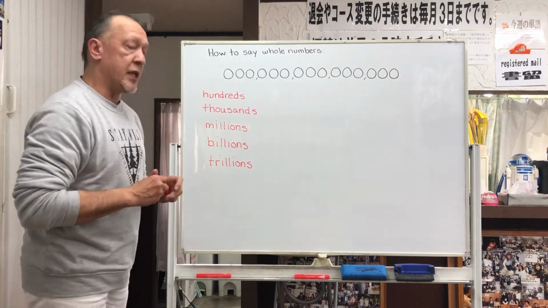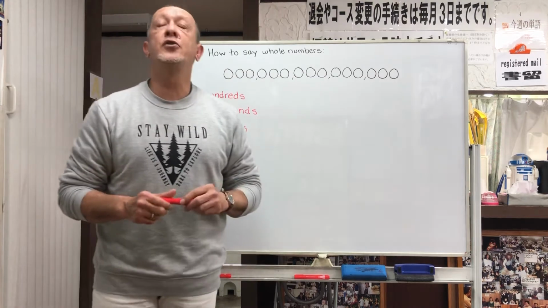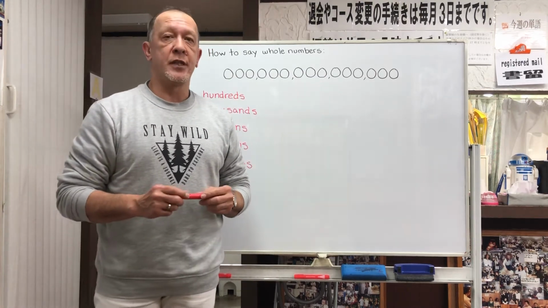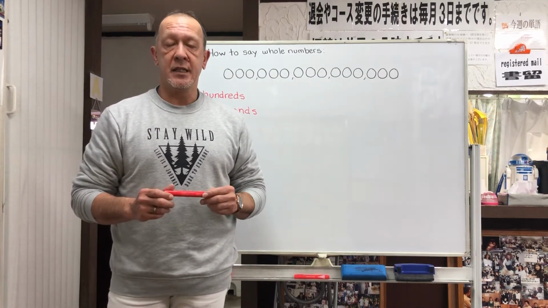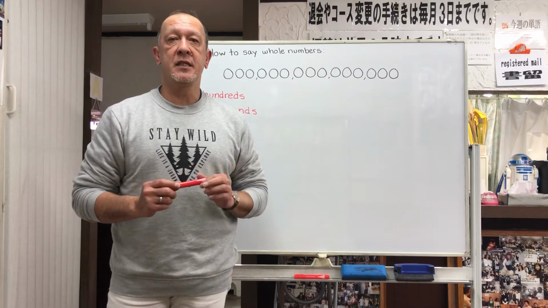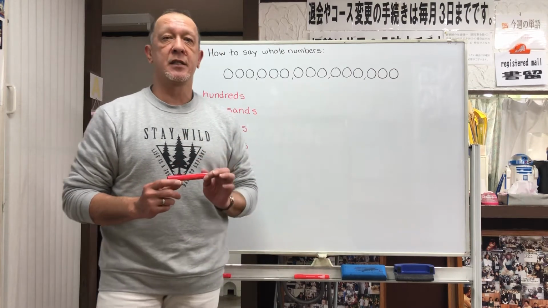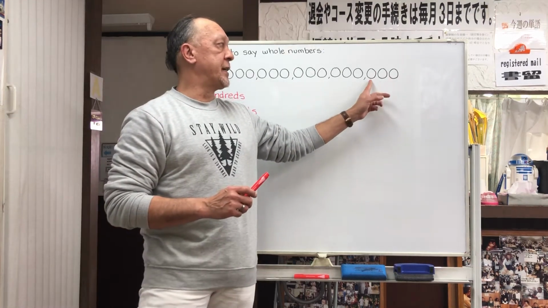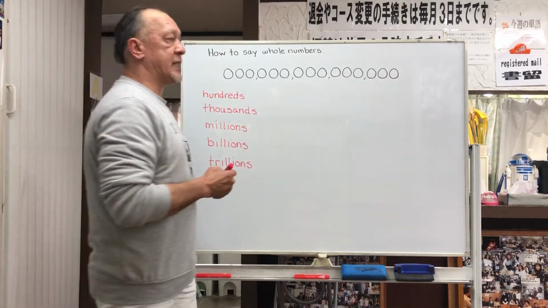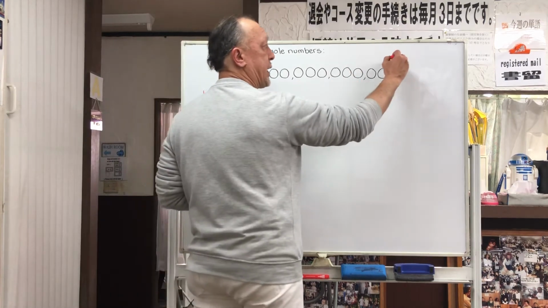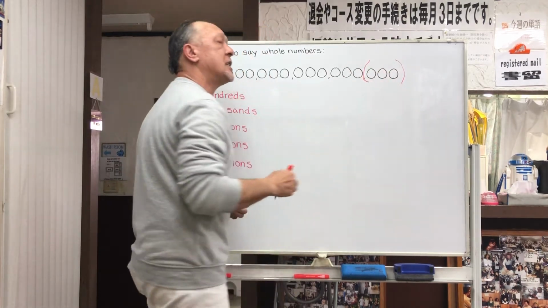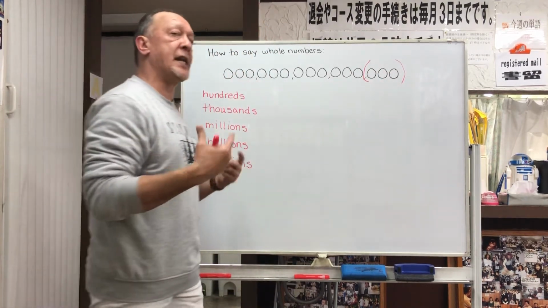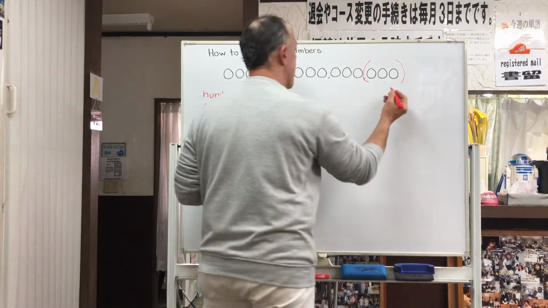Let's help you with the pronunciations again. Hundreds, thousands, millions, billions, and trillions. Each of these will represent each group of three. Moving on to an example of just these three here, let's look at another way of understanding how to say the whole numbers.